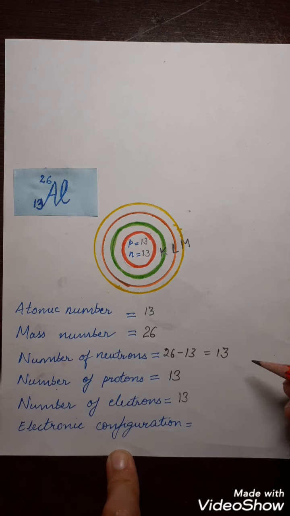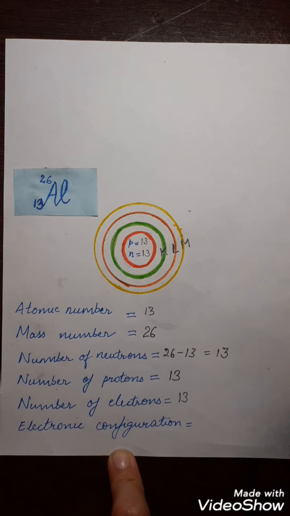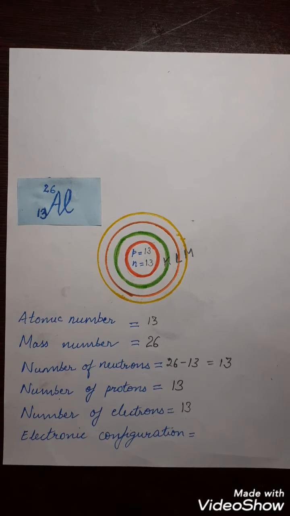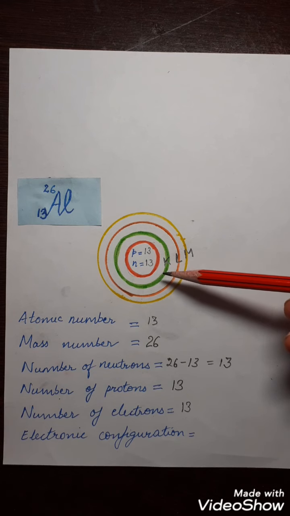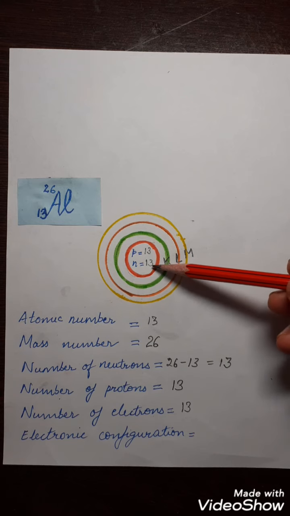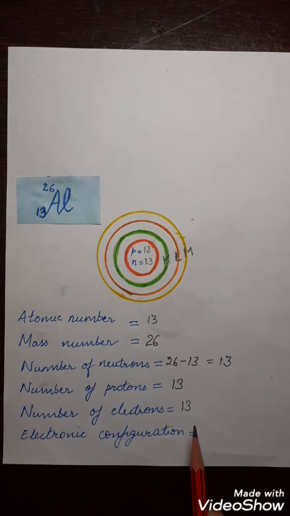Fourth will be N, but we will show only 3 shells over here for the aluminium. The first shell, which is nearest to the nucleus, is the K shell. The electrons are strongly attracted to the nucleus and this K shell can hold up to 2 electrons. So 13 minus 2 electrons. How many electrons left? 11 electrons.